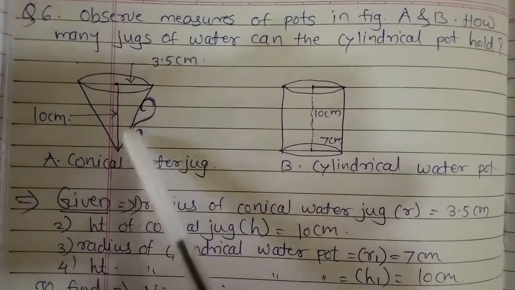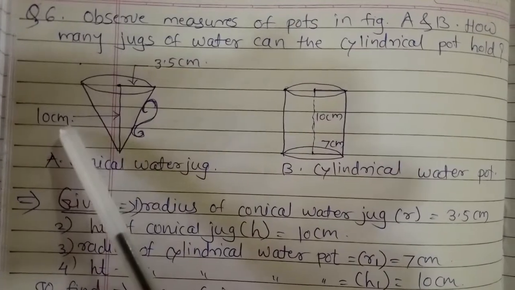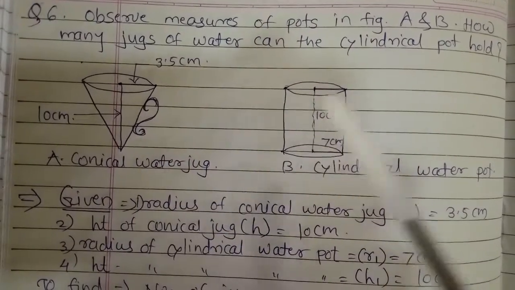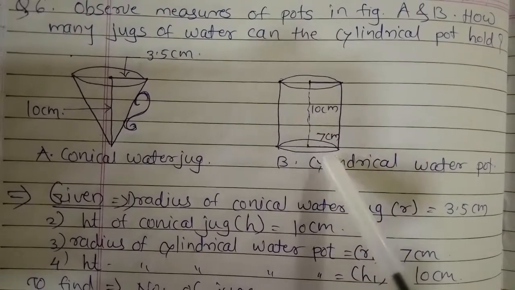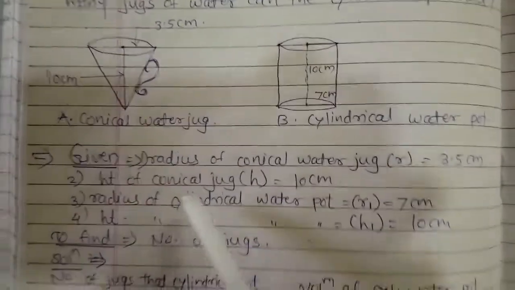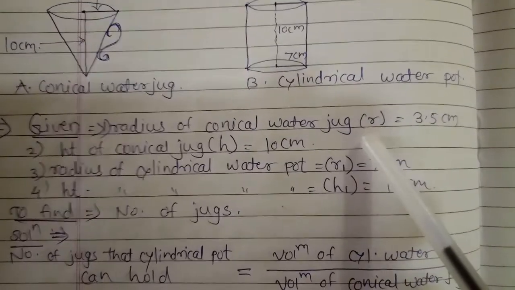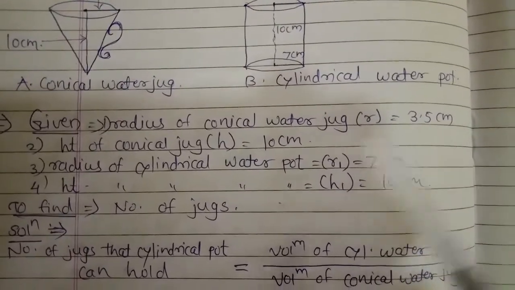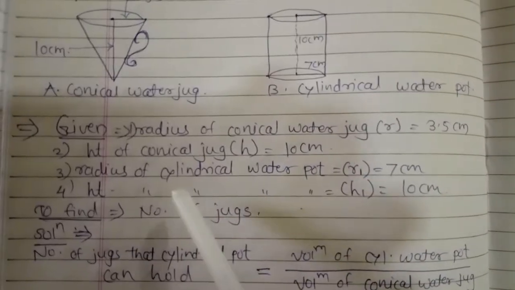In this figure we are given that the height of the conical part is 10 centimeter and the radius is 3.5. Similarly, the height of the cylindrical pot is 10 and the radius is 7. This is the given part. The radius of the conical part, r, is 3.5, and h is 10 centimeter, the height of the conical jug.